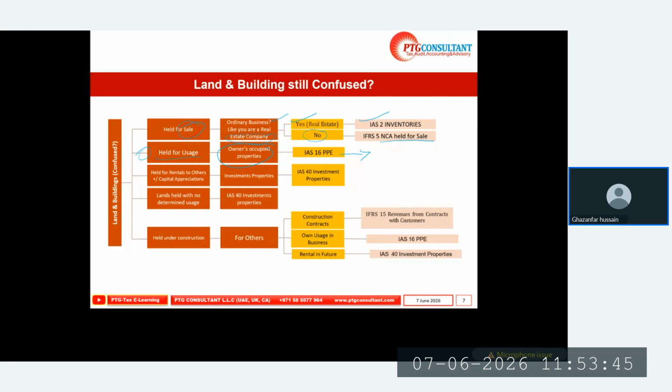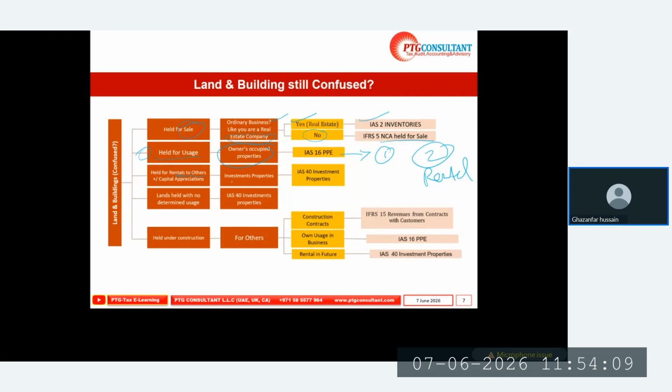But on the other side, if you have, let's say, two buildings, one is your office and the second you put on rental. So it is held for rental to others, plus capital appreciation. Of course, if you buy the property, it might go up and might go down based on market factors and inflation factors.